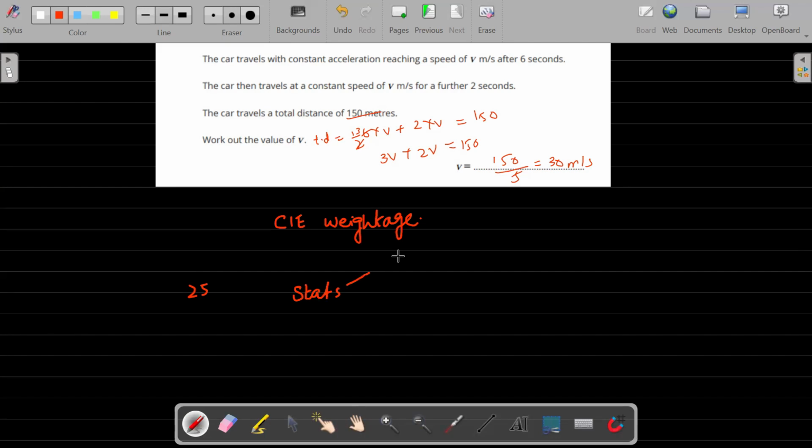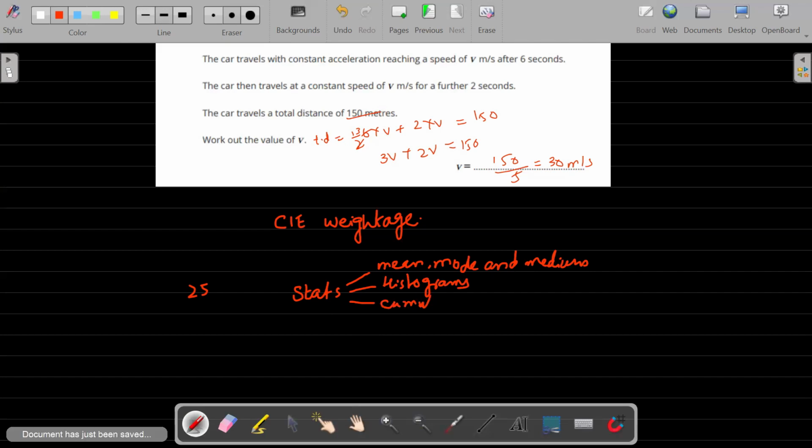One is mean, mode, median questions. Second is histograms. Third is cumulative frequency. And then scatter plot. Is it clear, Fatma? Yes, miss.